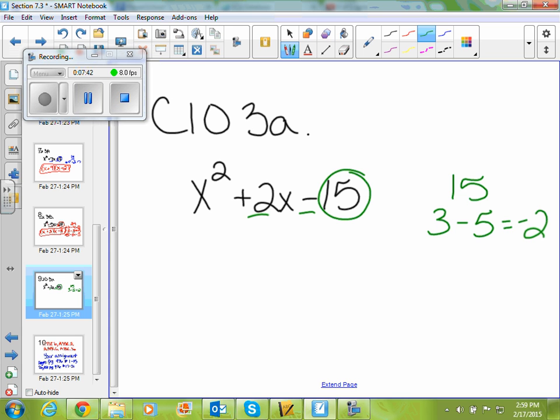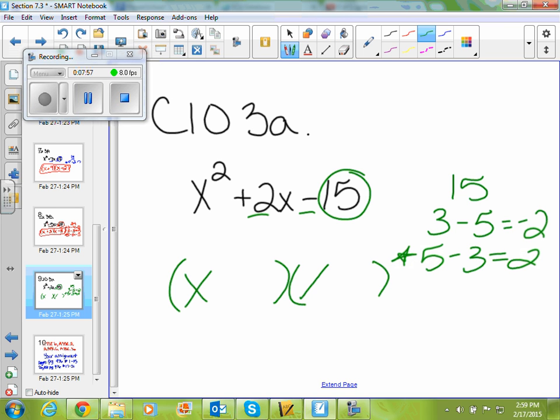Okay, so what do I need to do with these two numbers? Flip them. So 5 minus 3 gives me positive 2. You can do them in your head, then do them in your head. Alright, Connie, how does x squared break down? 2x. Okay. Is this 5 positive or negative? Okay, what about my 3? Yay!